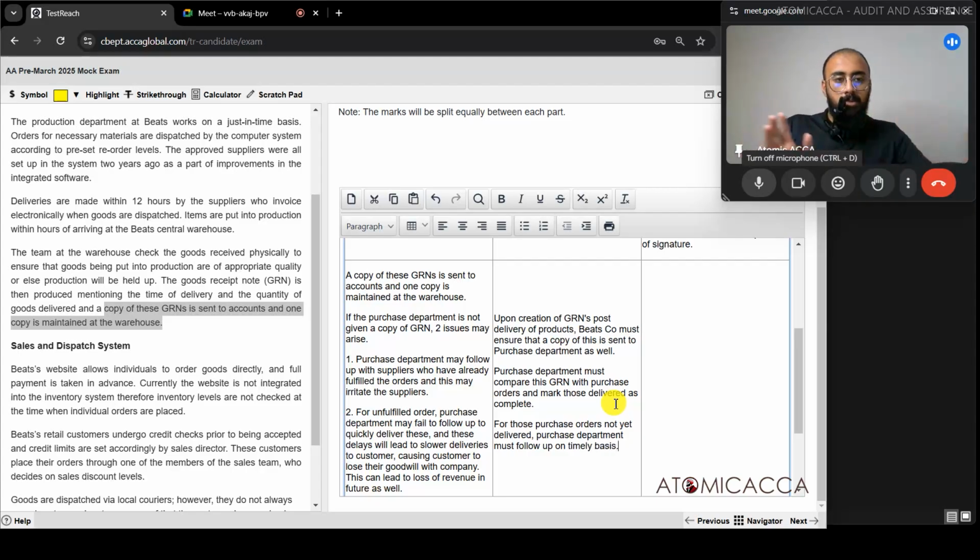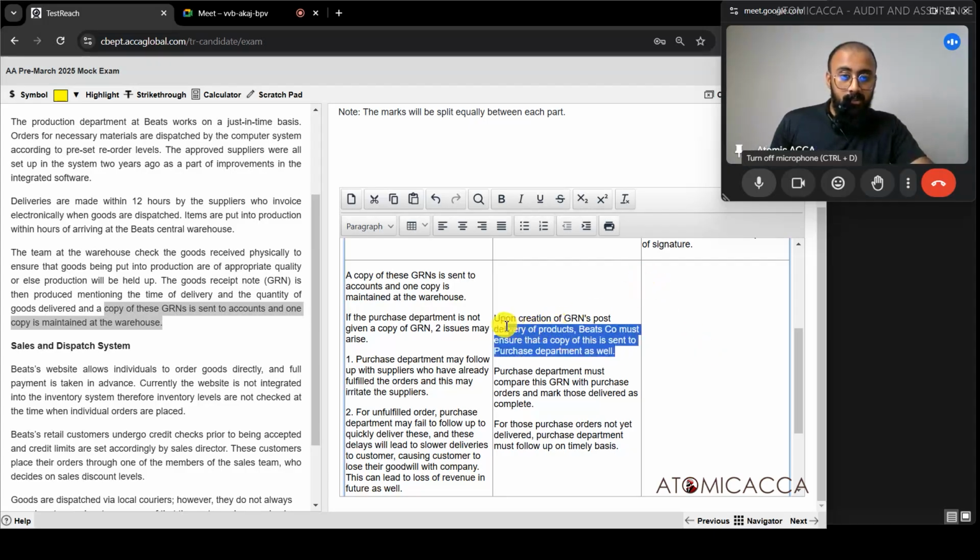So second problem is also sorted. Now is test of control. That is, whatever I recommended over here, I want to test whether this is working properly or not within the client company. So what can I do? First thing, upon GRN, I have to see whether this is being sent or not.